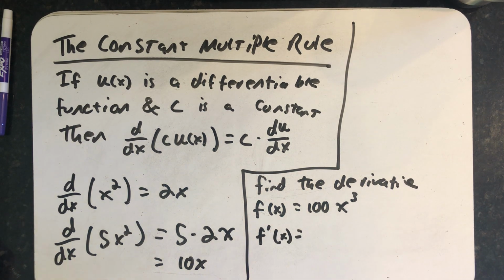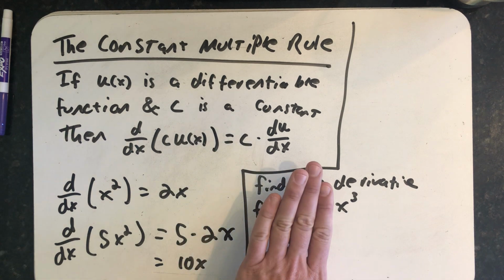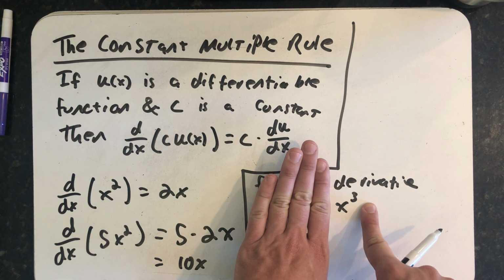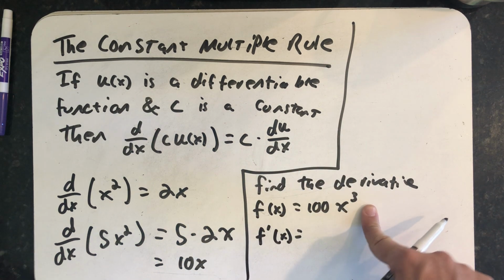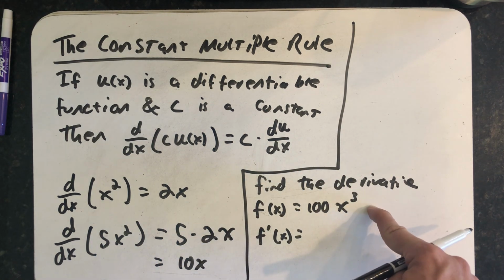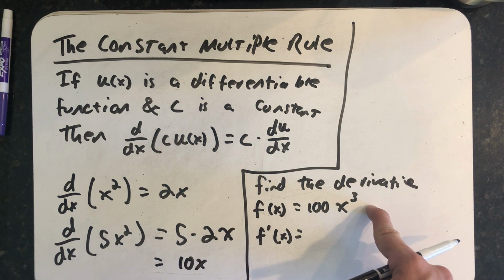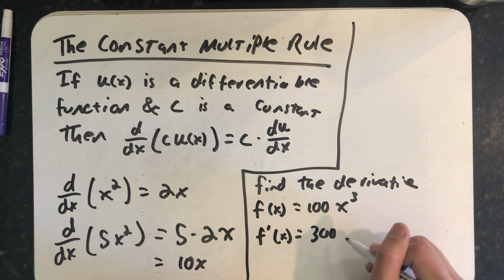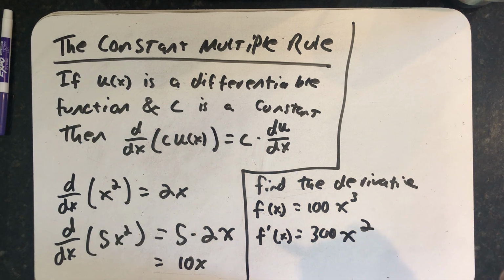F prime of x is... Well, I know that I could take the derivative of x cubed by saying its derivative is 3x squared, and then the constant multiple rule says, hey, multiply that by 100. So if I put the constant multiple rule together with the power rule, I have 3 times 100 is 300 times x squared. And so there's my constant multiple rule along with my power rule.